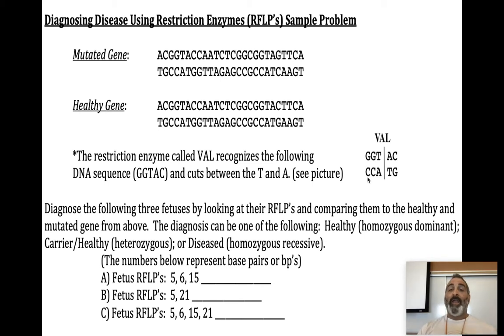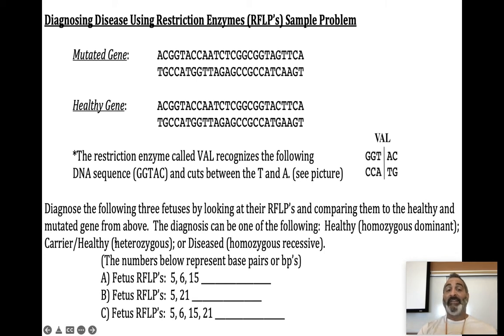Now, these diseases we are going to be diagnosing, just so you know, are recessive diseases. So if someone is homozygous recessive, like 2 small a's, they are diseased. If someone is capital A capital A, they are homozygous dominant, completely healthy.